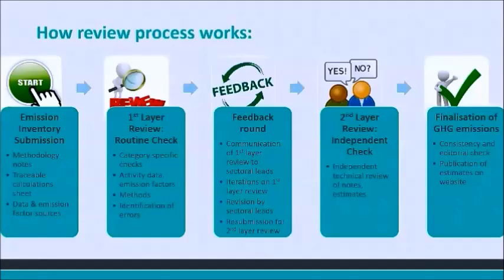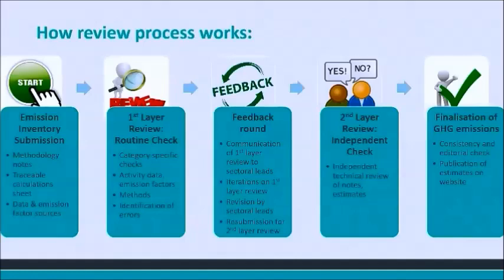Next slide, please. This slide explains how the review process works under GHG Platform India. All the partners submit their GHG emissions along with the methodology note, which transparently mentions the methodology adopted to calculate GHG emissions, trend analysis, and supporting documents. These documents go through a routine check, which we call the first layer review. This is a first extensive check of activity data, emission factors, and underlying assumptions, and identifies potential improvements, which are then communicated to the sector leads.